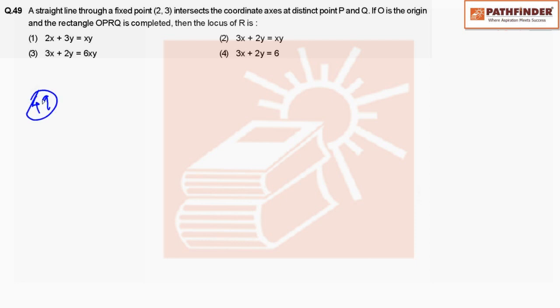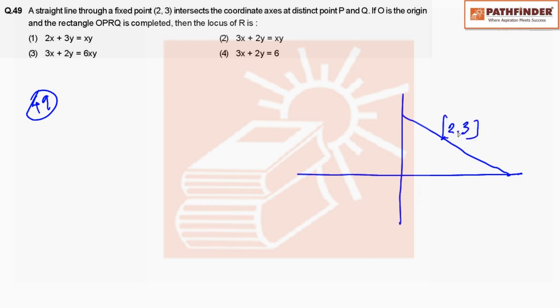Now is question number 49. A straight line through a fixed point 2, 3 intersects the coordinate axis at distinct points. This is the coordinate axis, and this is 2, 3, at distinct points P and Q. This is P and this is Q, and O is the origin.